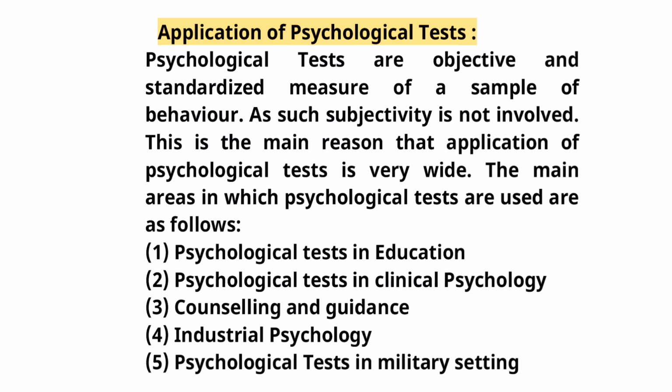This is the main reason that the application of psychological tests is very wide. We have interviews, observation, and other methods also. But why do we prefer psychological tests to measure behavior? Because they are objective. Objective means where no biases appear; subjective is where biases appear.